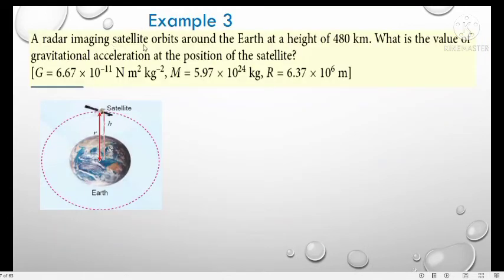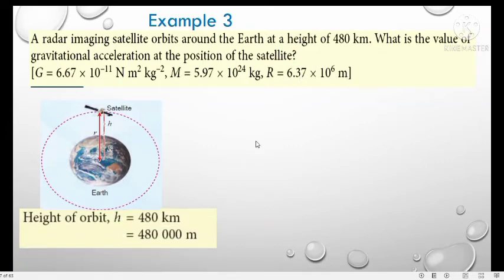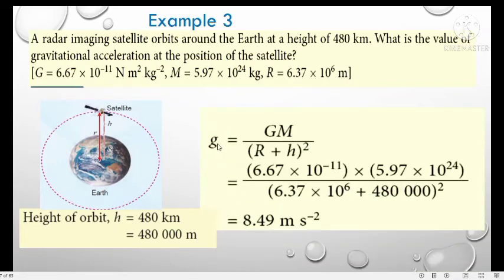Example 3, a radar imaging satellite orbits around the Earth at a height of 480 km. What is the value of gravitational acceleration at the position of the satellite? All the values are given: G, the mass of the Earth, the radius of the Earth, and the height of the orbit, 480 km. So you convert to meter. Use the formula g equals GM divided by (R plus h) squared, because the satellite is at a certain height h, so you need to add R plus h.